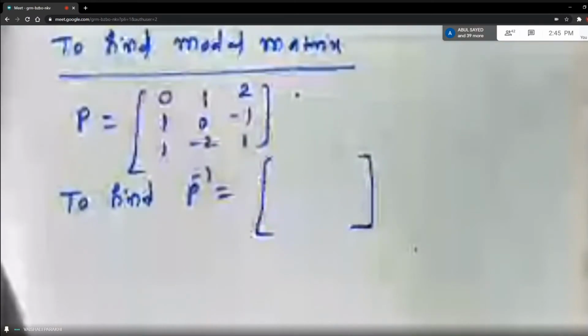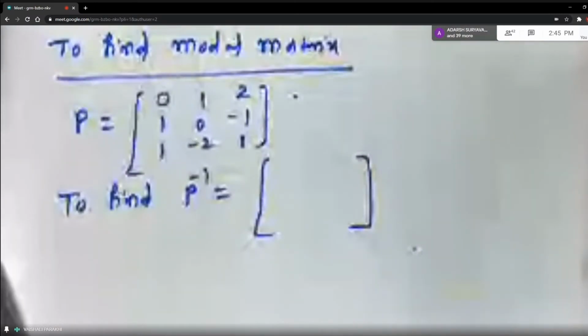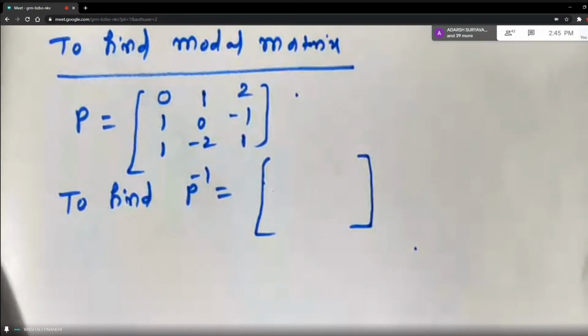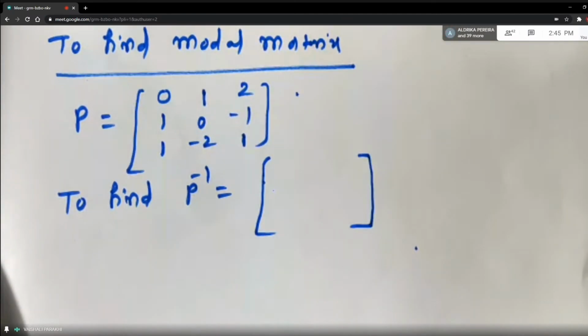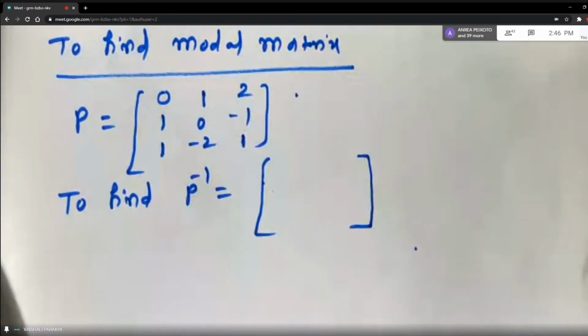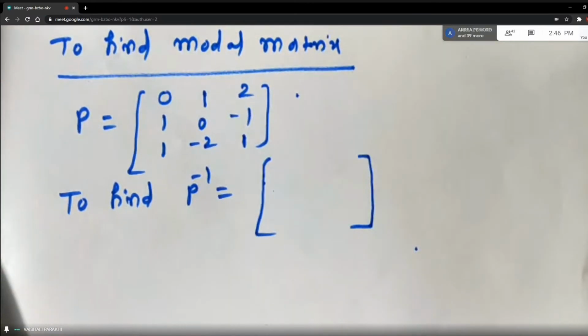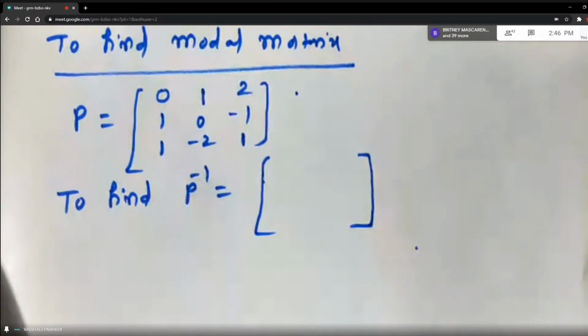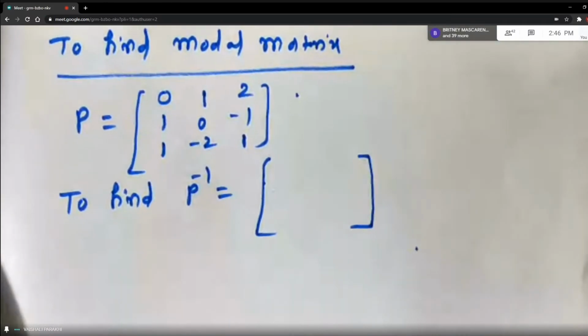Okay, who will tell me the inverse? Rashi, can you tell what is P inverse? Rashi, can you hear me? Have you got P inverse? No, ma'am, I'm not getting. Okay, but do you know how to do it on the calculator? Have you learned? Yes, ma'am.